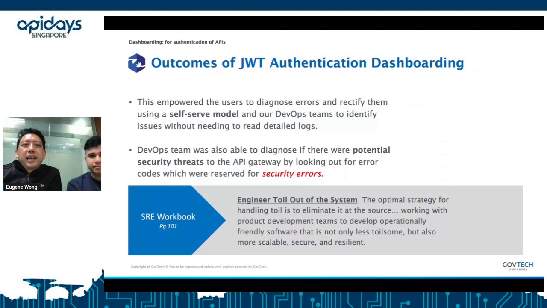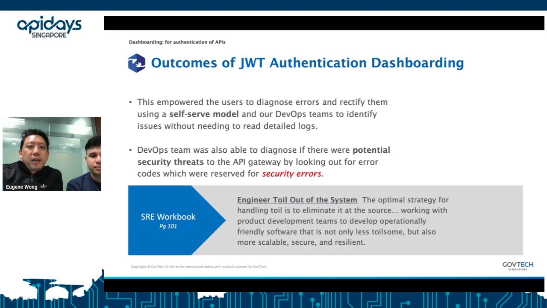And so this enabled users to diagnose issues using a self-serve model. And of course, it was time savings for DevOps, being able to provide rectification recommendations without needing to read the logs.